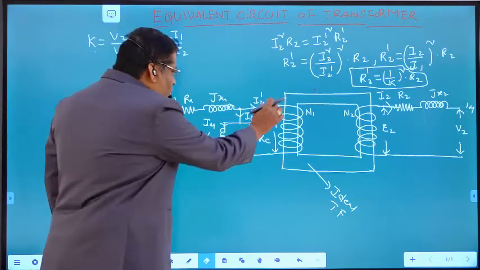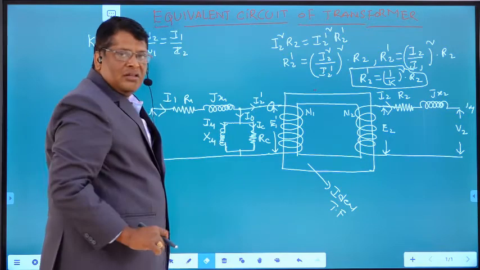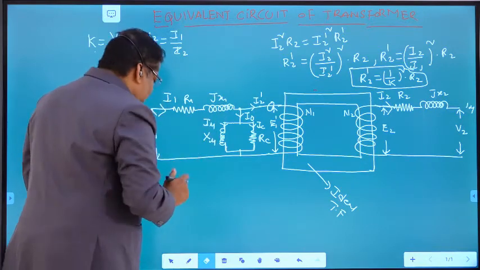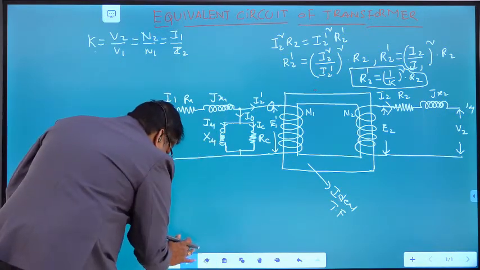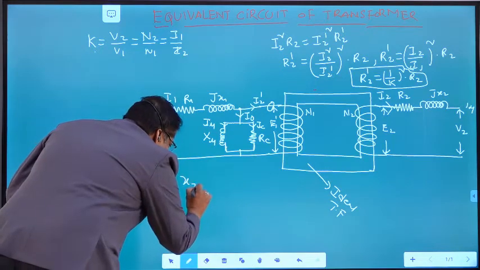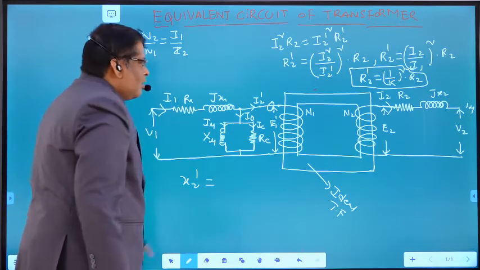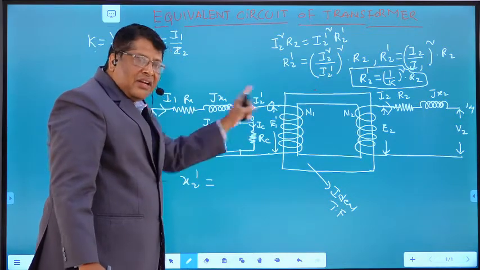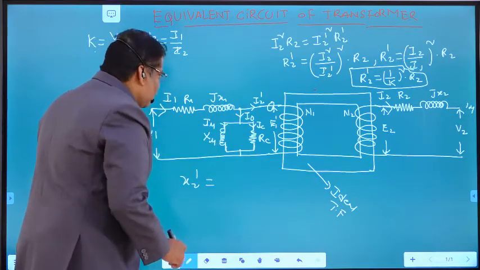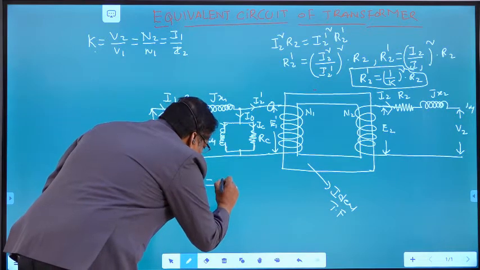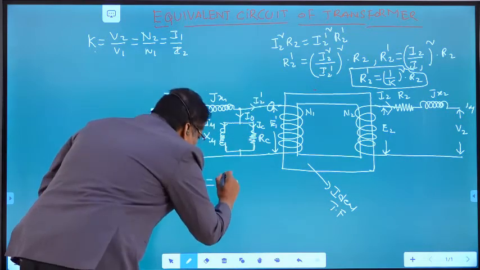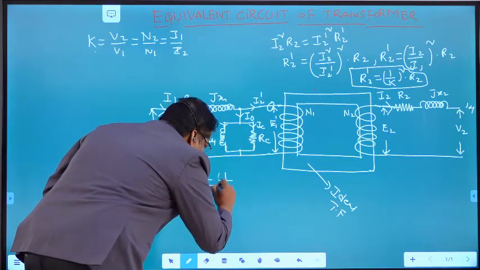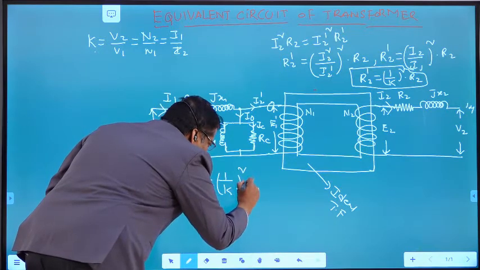X2 dash is the secondary reactance referred to the primary. X2 dash equals 1 by K square into X2.